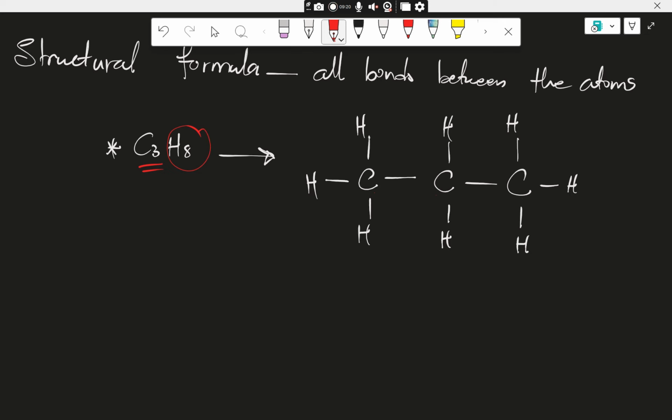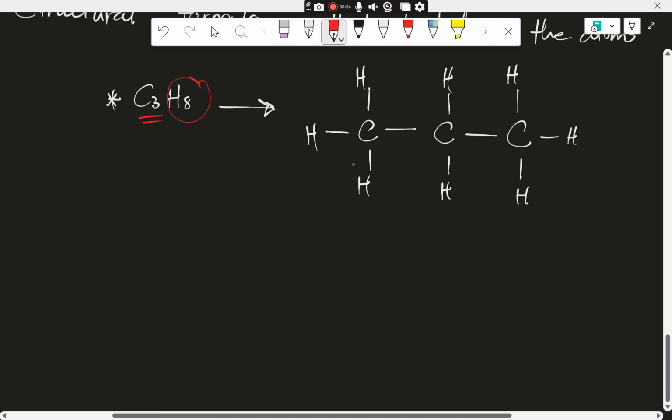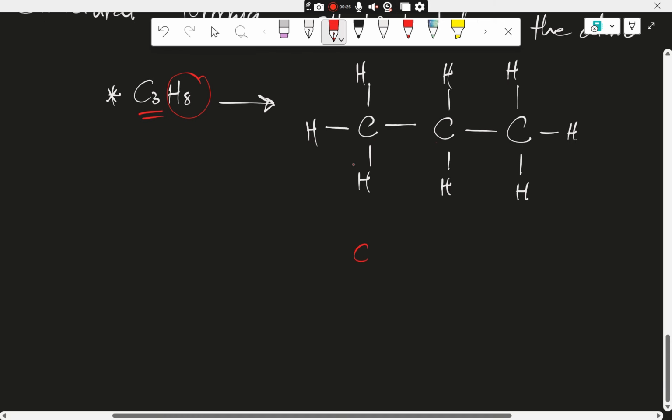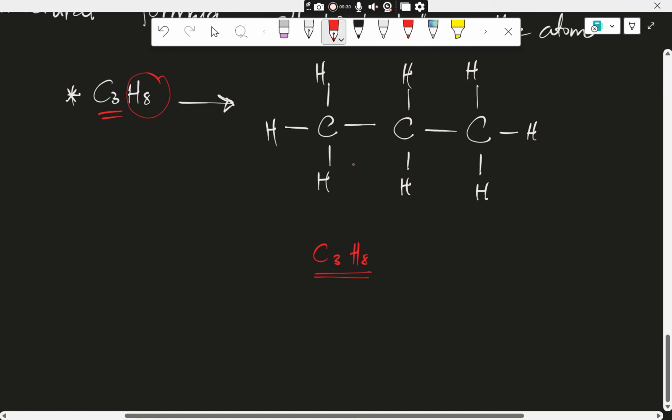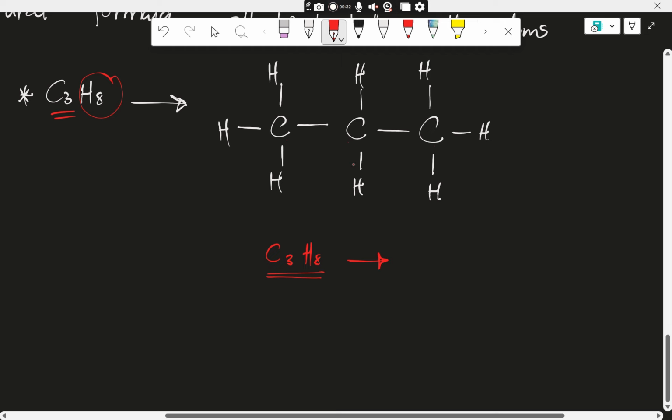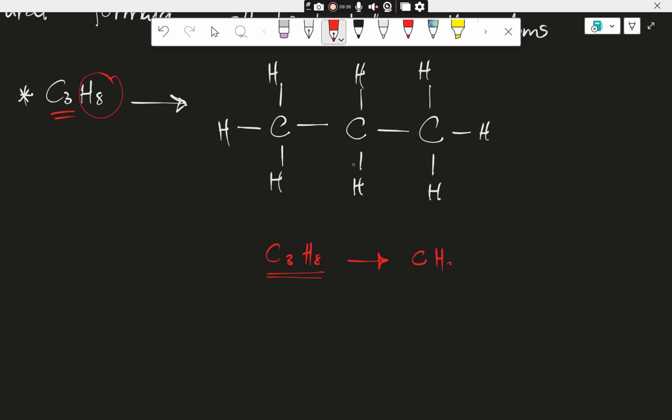So let's say you're given the structural formula. That means you can move to say, okay, I have C3, I have H8. This is the molecular formula. What is the condensed formula? I have C, that one is bonded to three H. Then I have another C. You move from the left to the right, which is the best way to move.